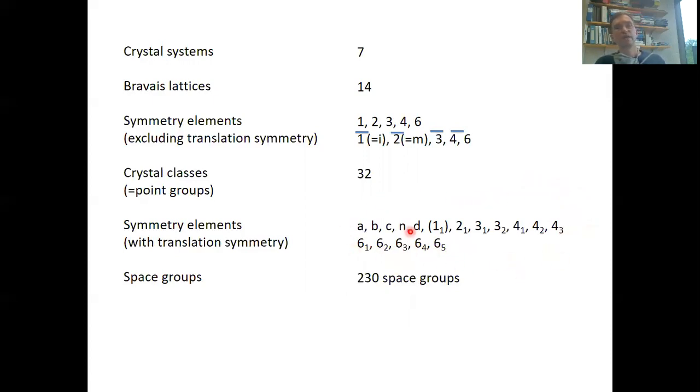Okay, so whereas we have 32 point groups, also called crystal classes, we have overall 230 space groups. And each crystal would crystallize within one of these 230 space groups. Okay, crystal symmetry is naturally restricted to that.